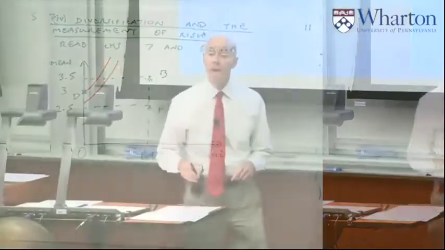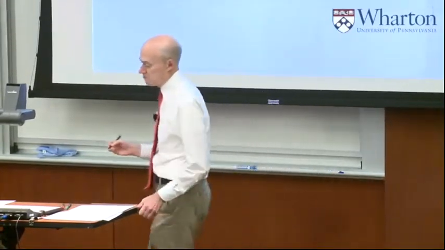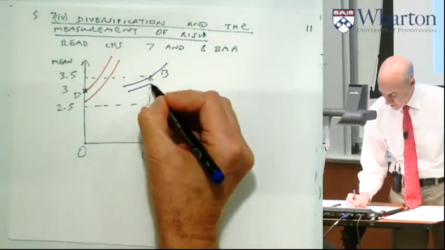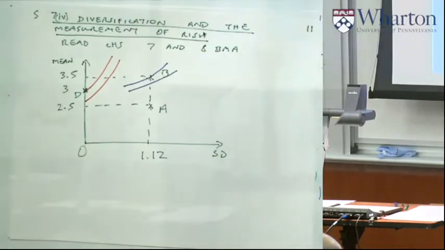If you're not very risk averse, so your curves are flat, you're going to prefer B. So we're going to get something like this. Does everybody see that?